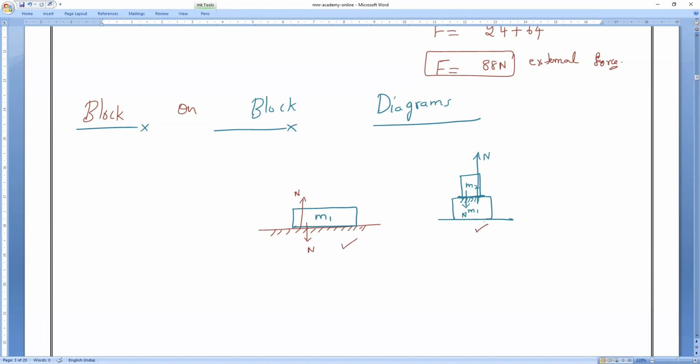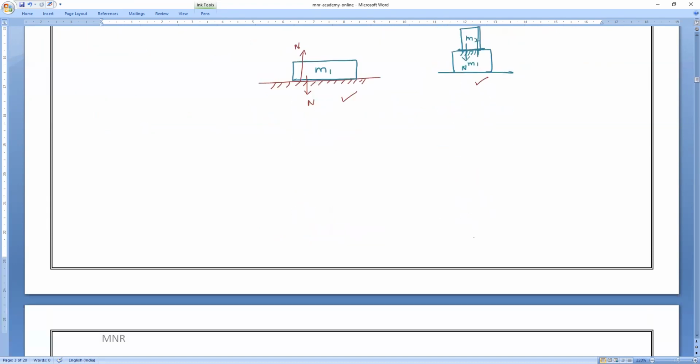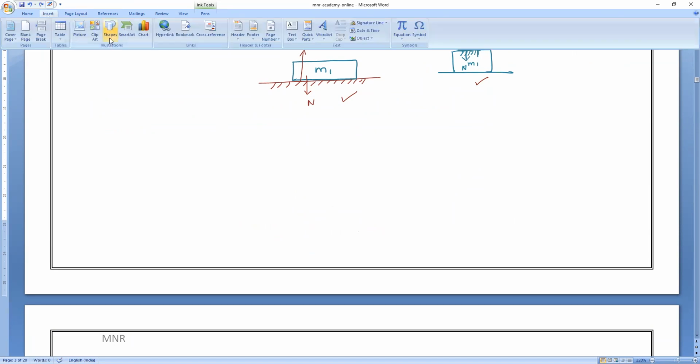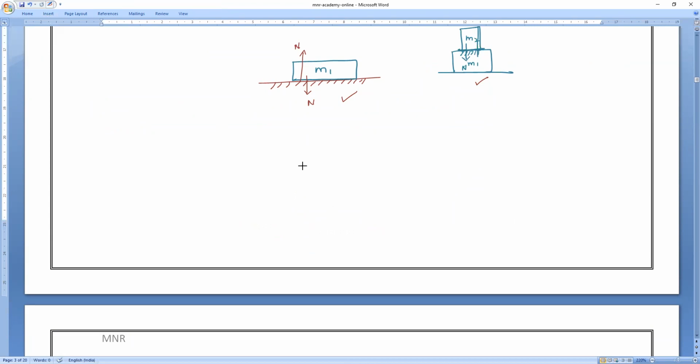Now I am going to introduce the friction concept for block on block. All of you remember when I place one block over another block. Let me draw the diagram properly so that it will be very easy. Observe very clearly, and if you have any small doubt, please ask me. This is block one.